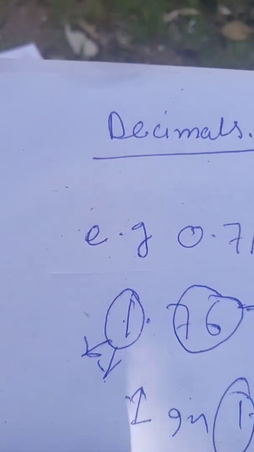So students, now I am going to the next topic, decimal fraction. A fraction in which the denominator is 10 or a power of 10 is called a decimal fraction.